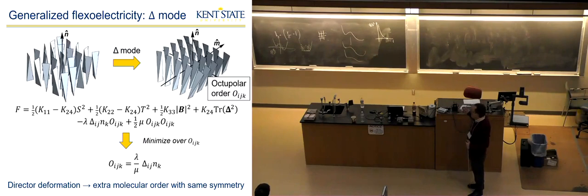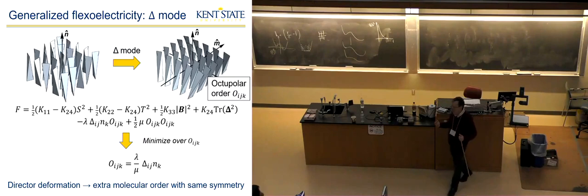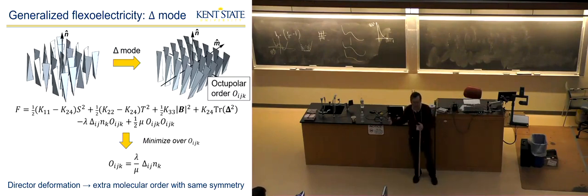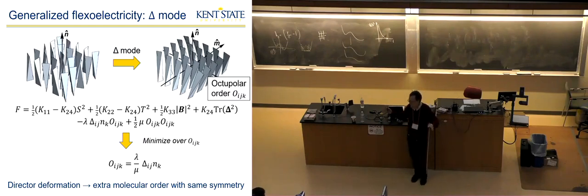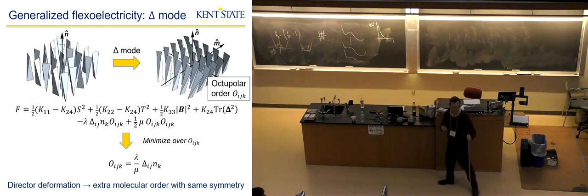And you'll get some extra orientational order characterized by an octopolar order parameter, that is a rank 3 tensor. So a rank 3 director deformation induces rank 3 molecular order. Okay, so that's flexoelectricity for the first 2 modes and kind of a generalization of flexoelectricity for the second 2. So far, so good? All right. Question, please.